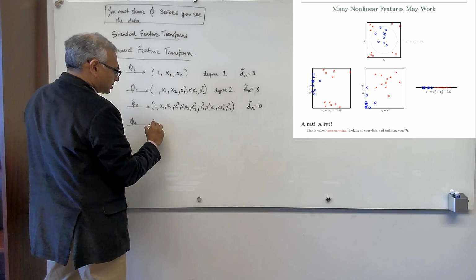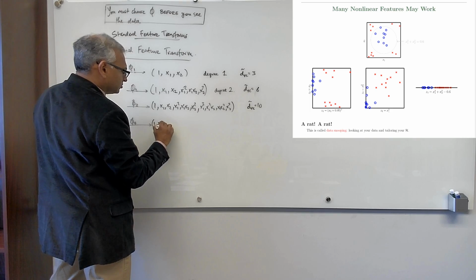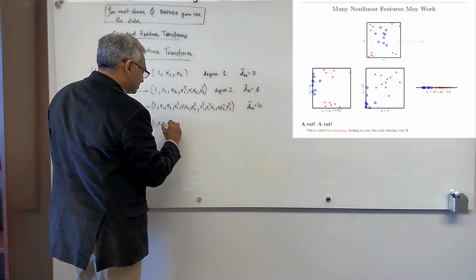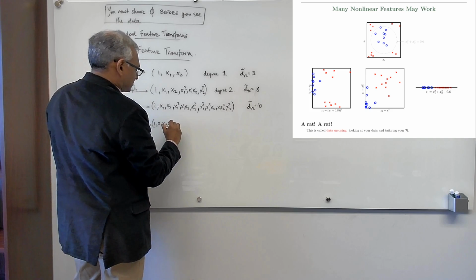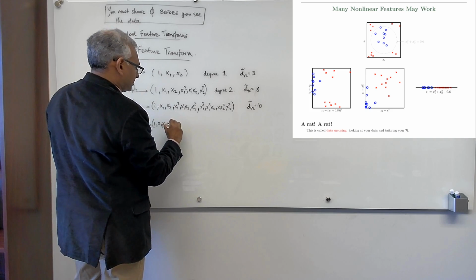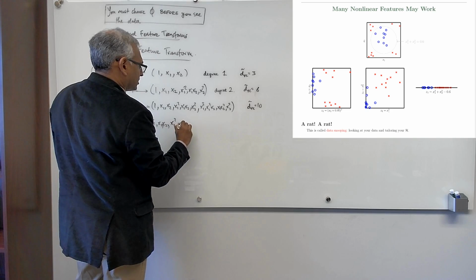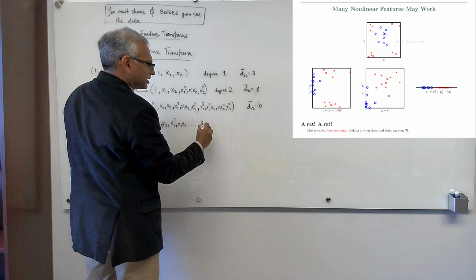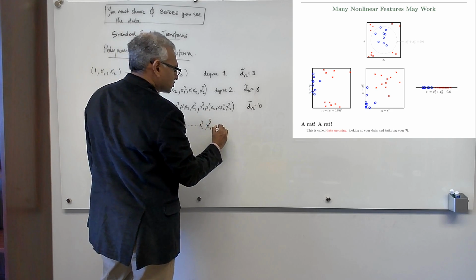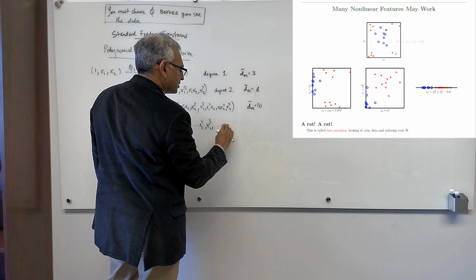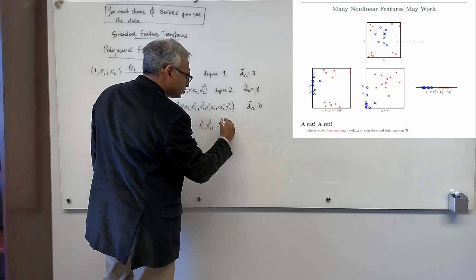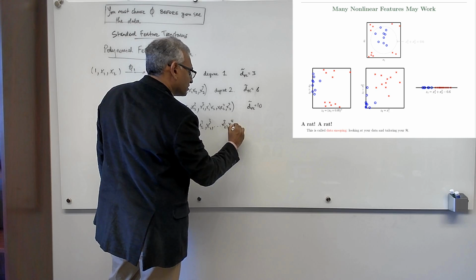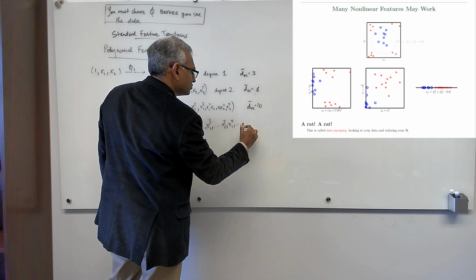And if you want, you can go ahead and compute phi 4. This is 1, the linear terms x1, x2, the quadratic terms x1 squared, x1, x2, and so on, up to x2 squared. And then you'll have the cubic terms, x1 cubed, and so on, up to x2 cubed, and then x1 to the 4th, and so on, up to x2 to the 4th.